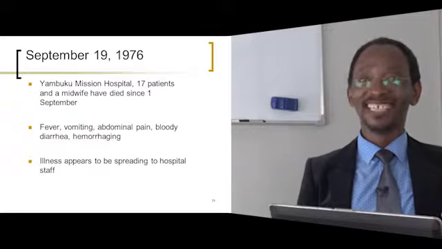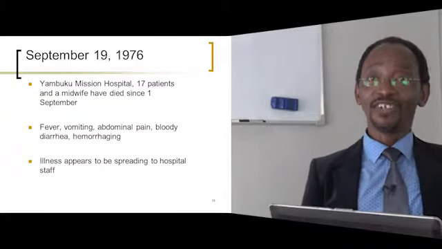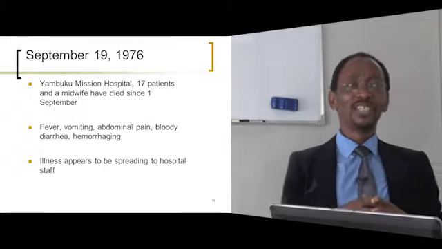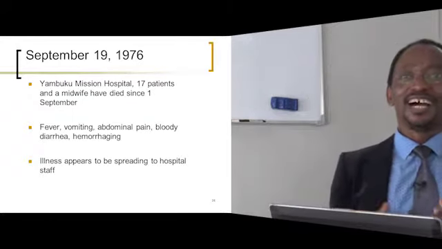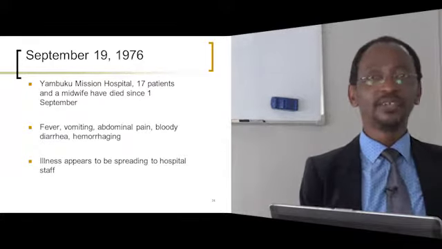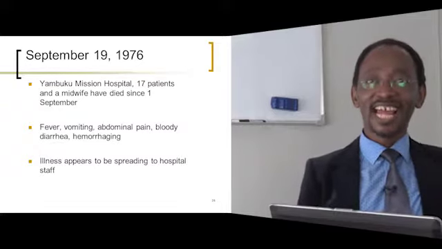This was September 19th. So roughly every day they were losing a patient, which even in very busy hospitals, if they are district hospitals, it's very hard to get a person dying every day.